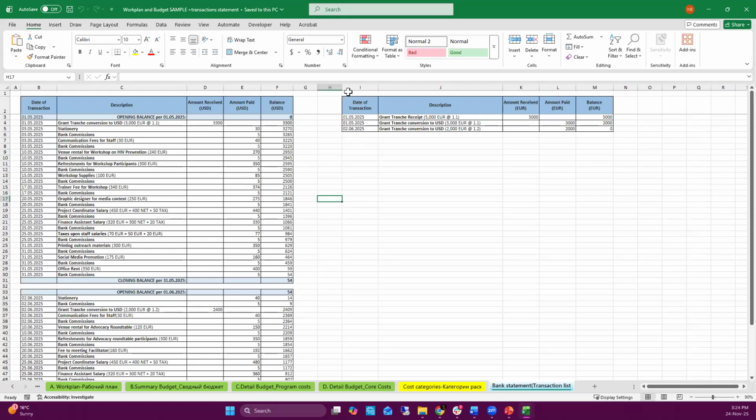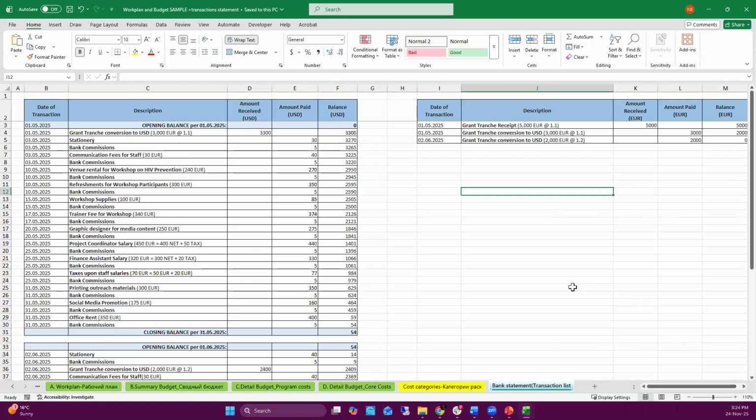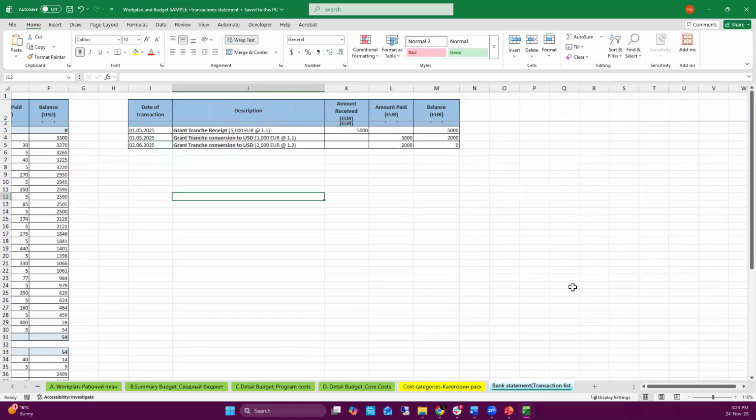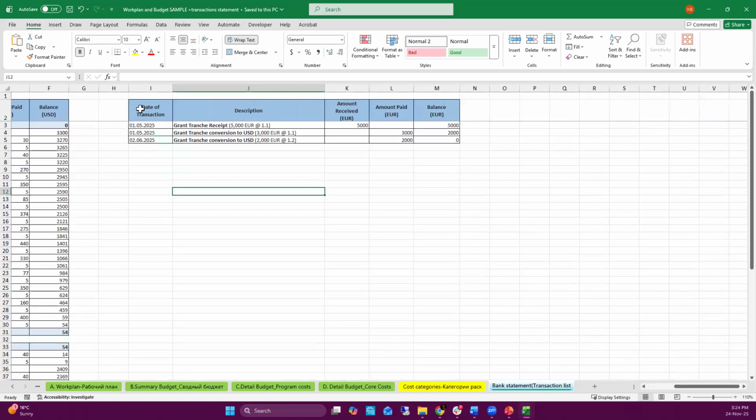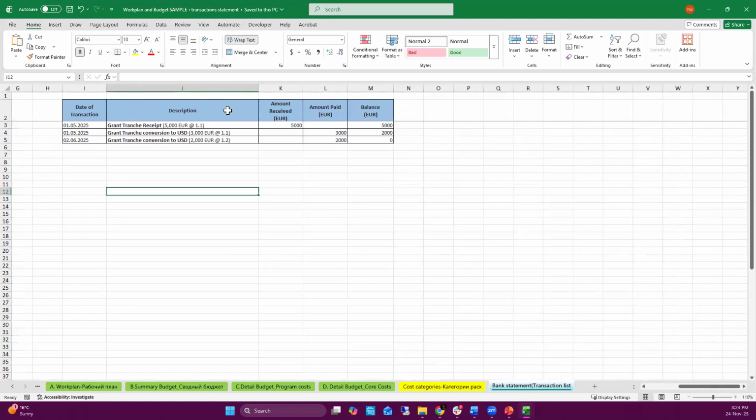Let's say that the project currency is euros, and your local currency, for example, is USD. So what we will see on the bank statement, the very first thing, maybe I need to make it bigger. Let's say that this is your bank statement for the euros, this part.